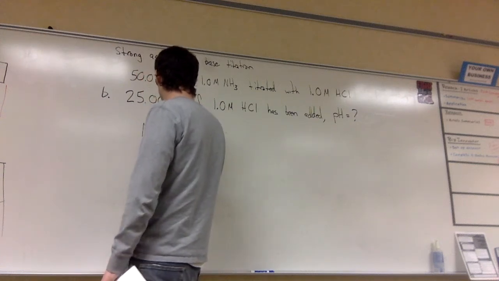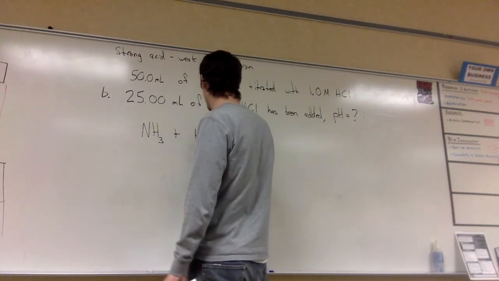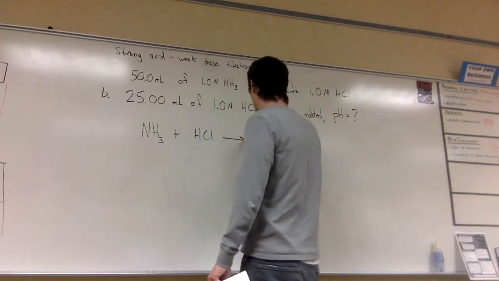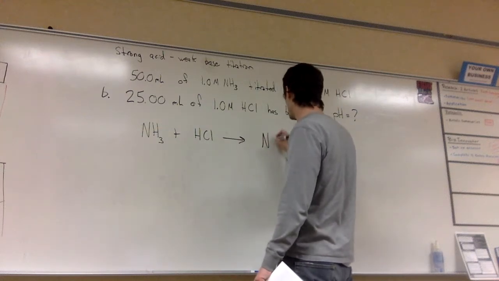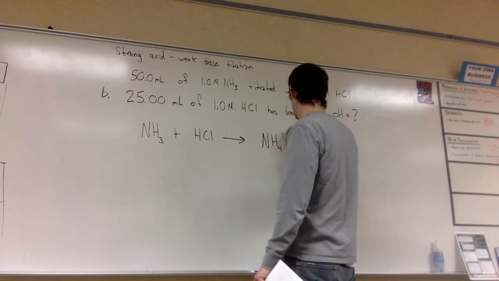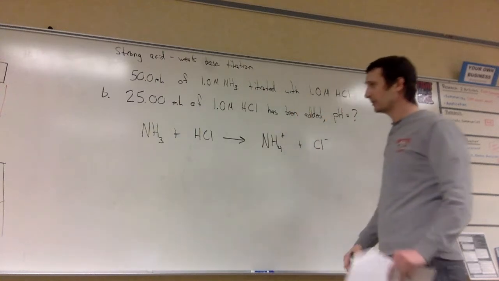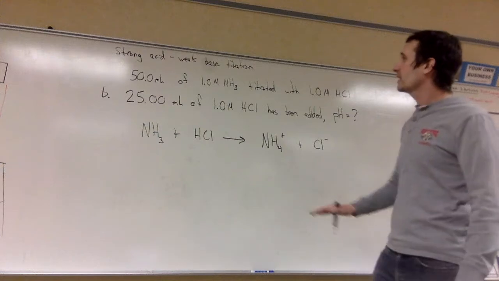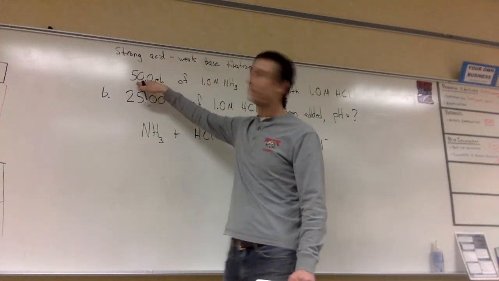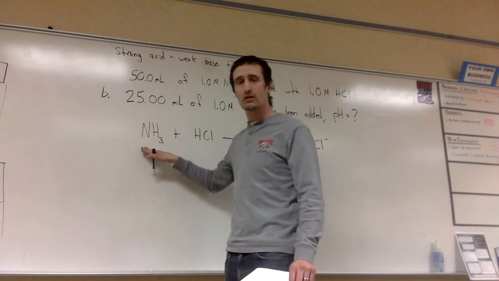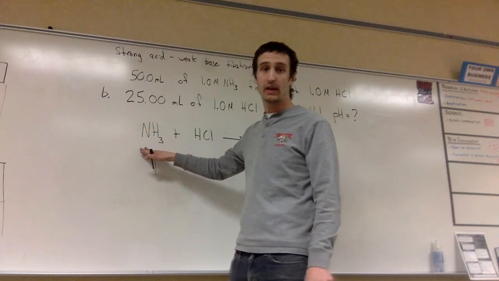We have our weak base, ammonia, plus our strong acid, HCl. When these react, we get the ammonium ion and the chloride ion. Based on the concentration and the volume of the NH3, I should be able to figure out how many moles of NH3.